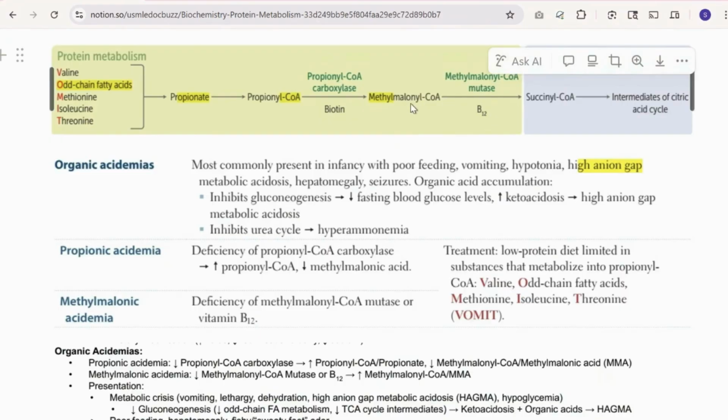The difference between the two is the presence of methylmalonic acid. Okay? If methylmalonic acid is high, you have B12 deficiency. If it's low, that means you're not making it, you have biotin or PCC problem. A lot of times in the lab values that they give, they're going to say methylmalonic acid high.